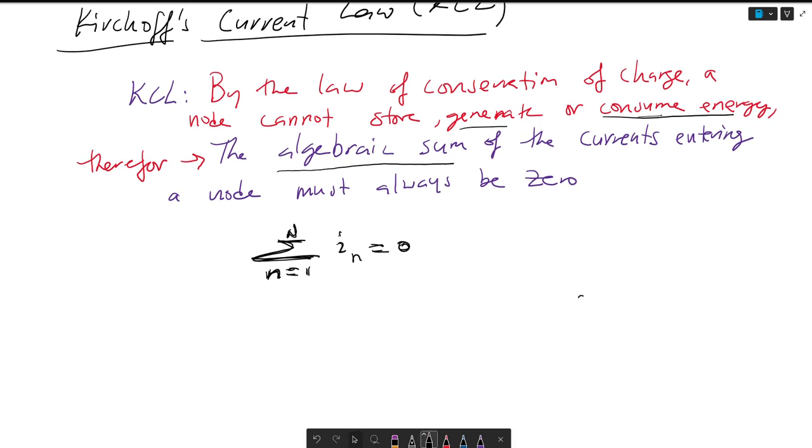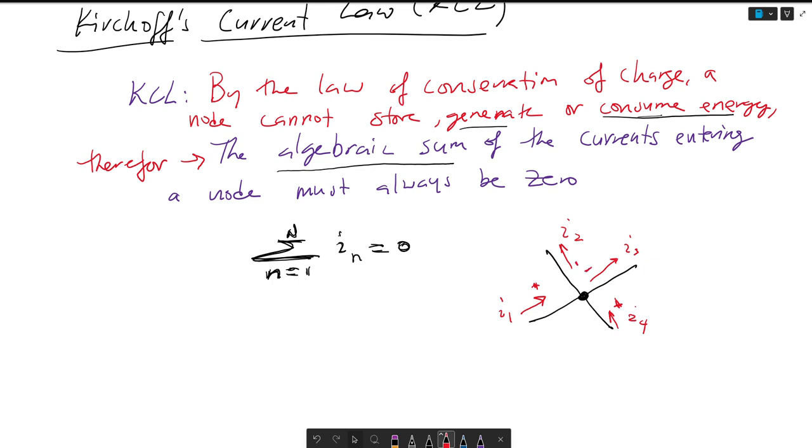A simple example of that is if you have a node with wires sticking out of it and currents coming in: I4, I3, I2, and I1, where this is a plus, a minus, and a minus.